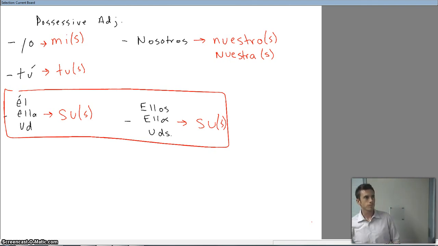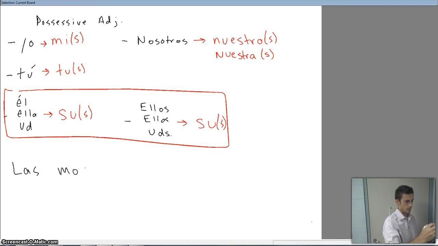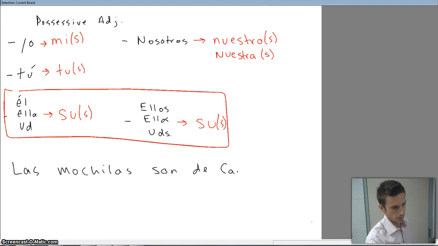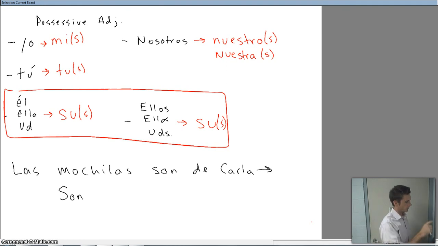All right, let's talk a little bit more. Let's go back to the example we just had. Las mochilas son de Carla. We're not just talking about one mochila anymore. How would we change that sentence that we previously had to reflect these are her book bags, more than one? Son.